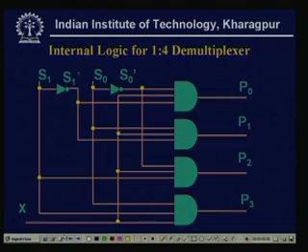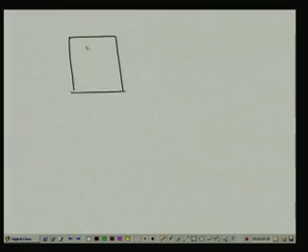So, if we see that, that means for multiplexer, say if we consider again that 4 to 1 mux.